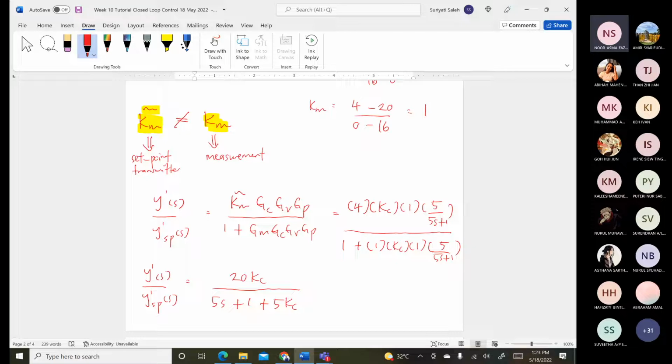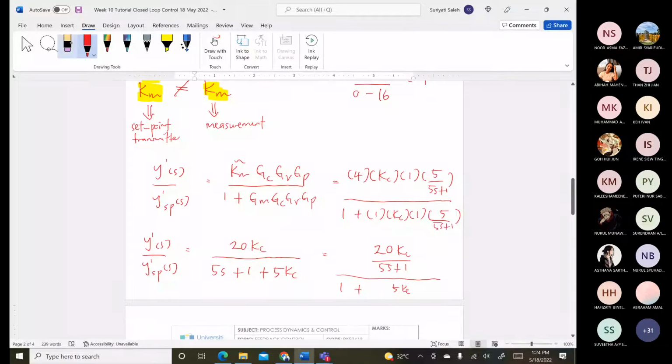Let's say if you don't want to do the simplification, you don't want to do the expansion, it is also acceptable. No problem. So either you can remain like this, 20 kc 5s plus 1 divided by 1 plus 5 kc 5s plus 1.